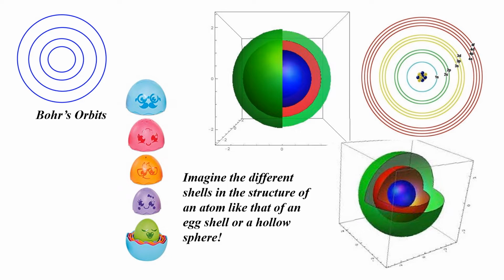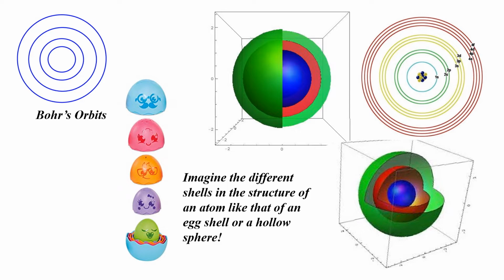But the electrons inside each shell do not have the same energy. Suppose, just imagine the electrons which are present in the green eggshell. The electrons which are present in each shell do not have the same energy. These shells themselves have divisions.